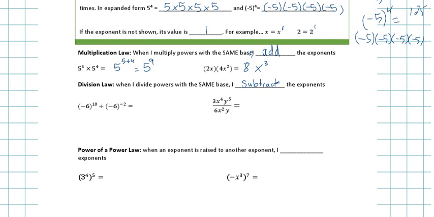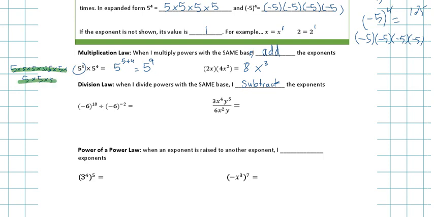For example, for the multiplication, if I have 5 times 5 times 5 times 5 times 5, that's the first part. Then I multiply another 4 fives, 1, 2, 3, 4, 5, 6. If I look all together, you have 5 to the power of 9. That's why we add the exponents.